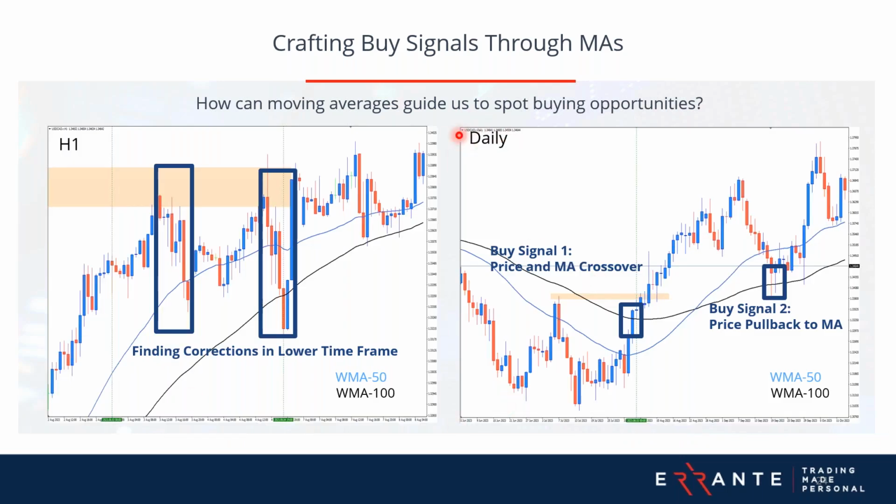For example, here we have a daily time frame and you see a change in the market's momentum here, and we see the price cross above the shorter MA first, which is the 50, and then the 100 WMA. A trader might look for a buying signal here, above both moving averages.